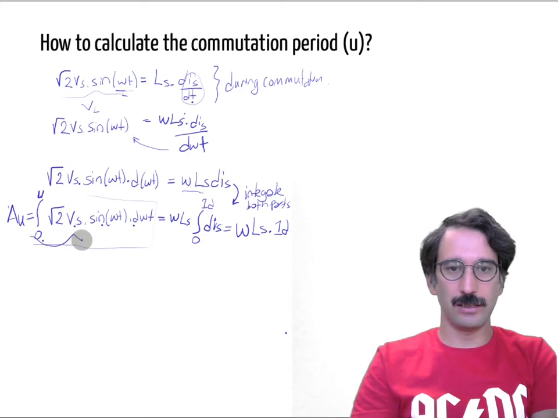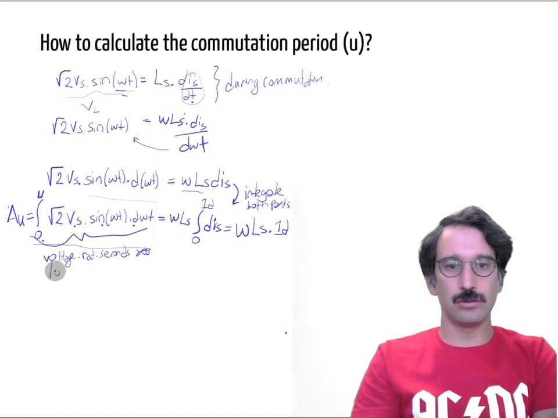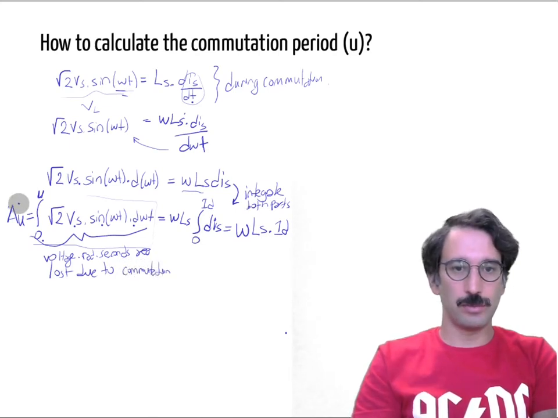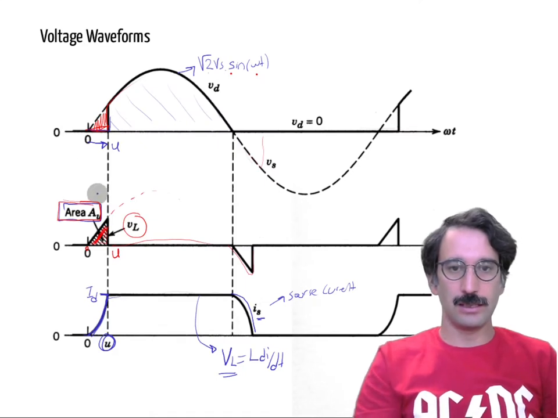So that area is voltage radian seconds, the area lost due to commutation. So basically that area is equal to omega Ls ID. So go back, that area is equal to omega Ls ID. That is the area lost.